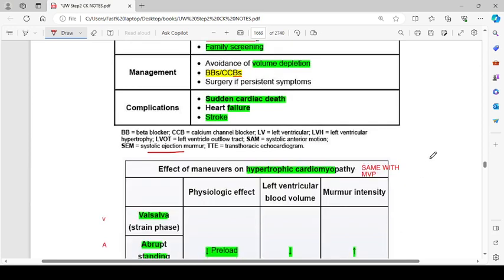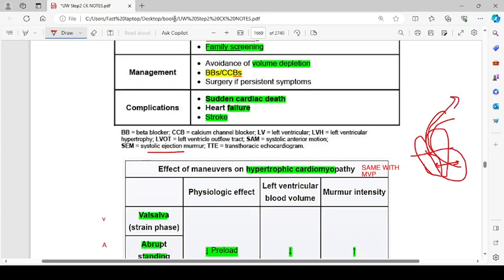Now, the phenomenon here is that, suppose this is the heart, and here we have the ventricles. This is the aorta, which is originating here, and this is the interventricular septum. Now, the outflow tract is obstructed. If somehow we dilate the left ventricle, the outflow tract becomes patent and more blood can flow into the aorta.